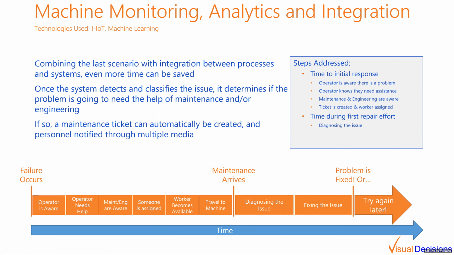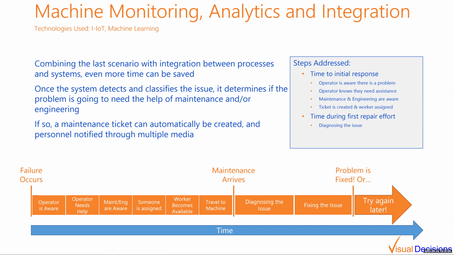And then the next step beyond that is adding integration. So if we're not only looking at the machine itself, but we're tied into the maintenance management system, we're tied into engineering and so forth. As soon as we understand that there is a problem, we've classified what type of problem it is, we can actually automatically create a ticket within the maintenance system.